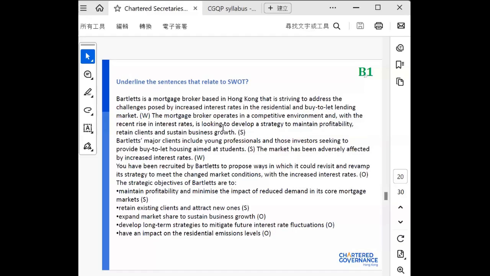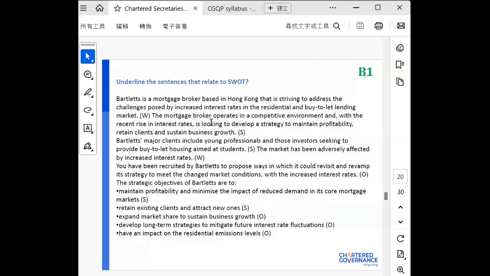So probably you can see in here that increased interest rate is a threat. I think it's a T rather than a W. And then there's a strength that they have a group of clients. They want to maintain the clients, so they have a basic group of clients. Maybe a strength is about the young investors.